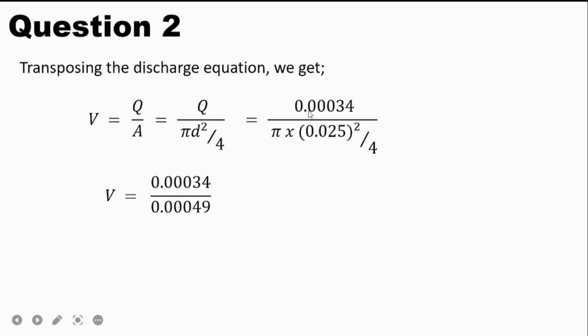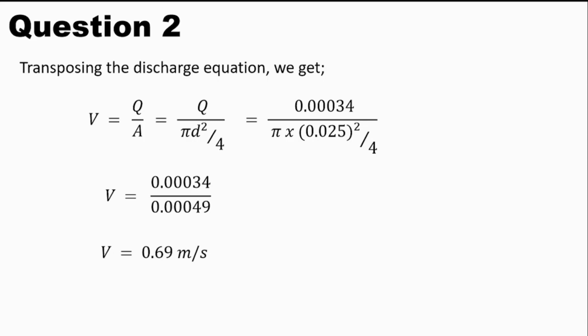When you compute the area of the pipe, you should get 0.00049. When we divide this, our velocity of the fluid flow should be 0.69 meters per second.